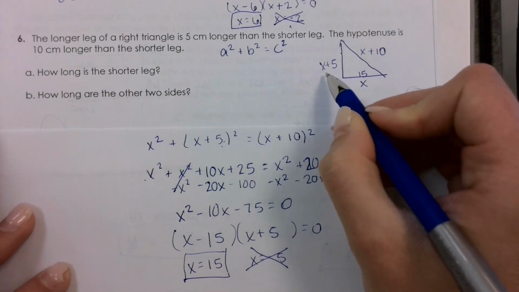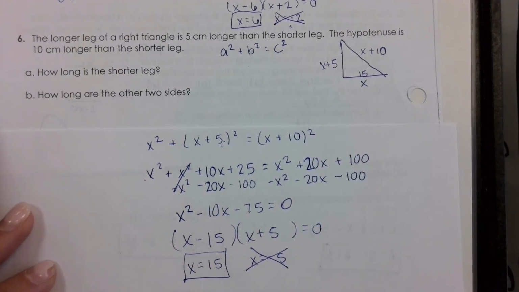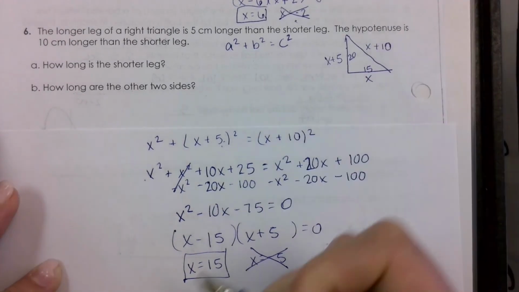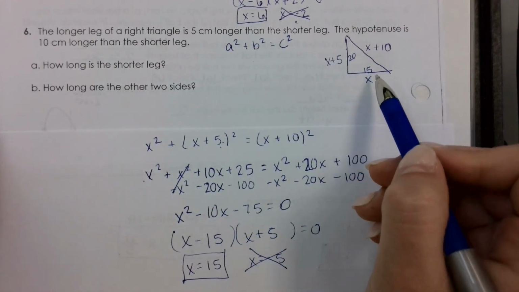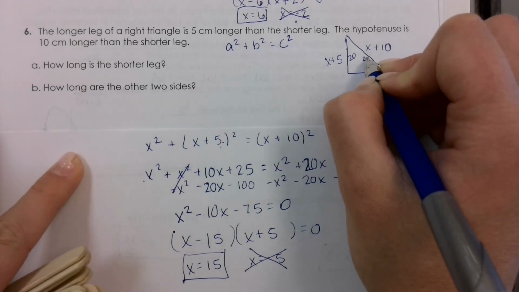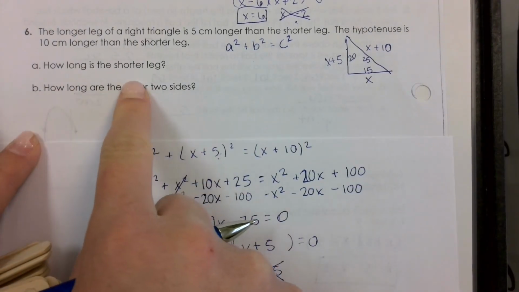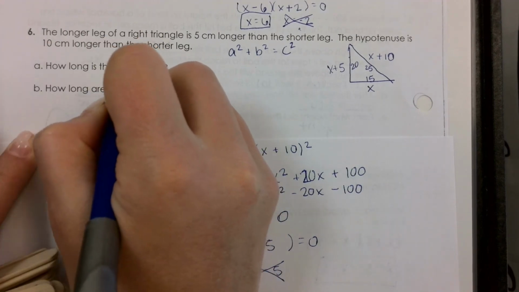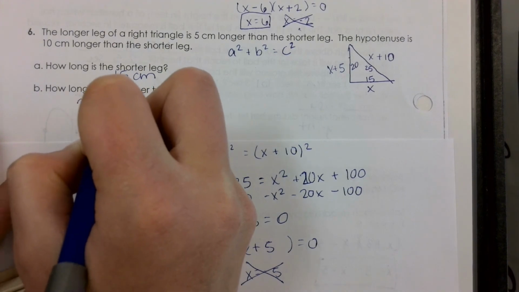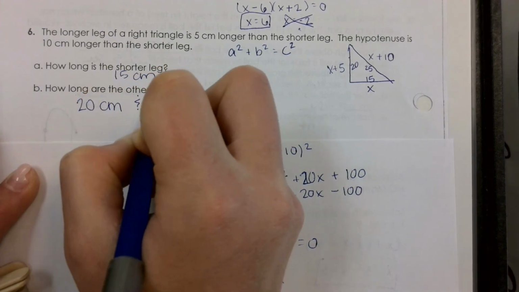Then the other side that was x plus 5, what's that one going to be? 20, because 15 plus 5. And then our hypotenuse, we had x plus 10, so 15 plus 10. 25. So what is the shorter leg? 15. And what are the other two? 20 and 25.